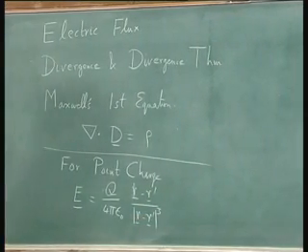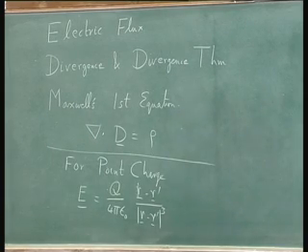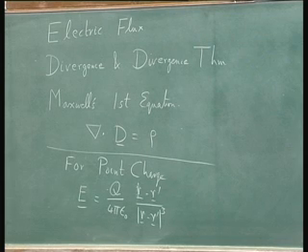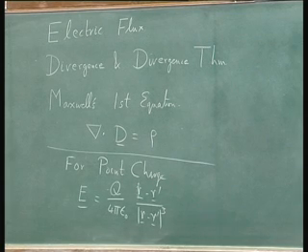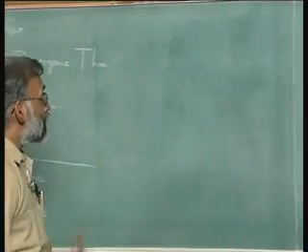This is Coulomb's law, and it is the starting point of everything, because that is the only experimental observation that we start with. We want to take this observation and go from this observation to something more useful. So let us make a start.